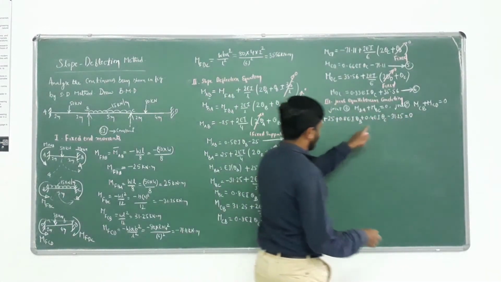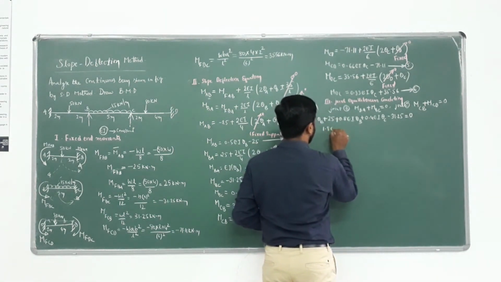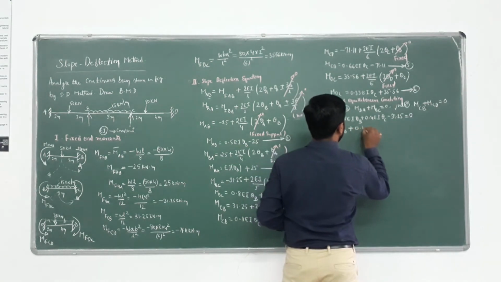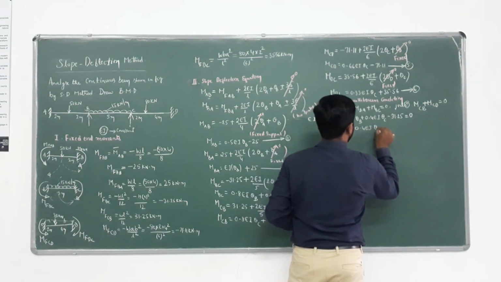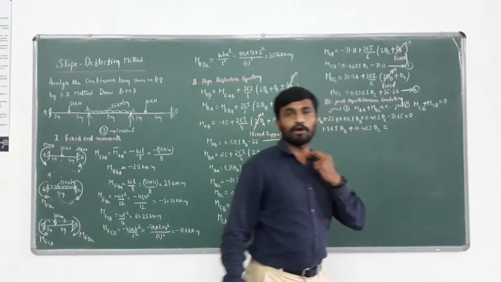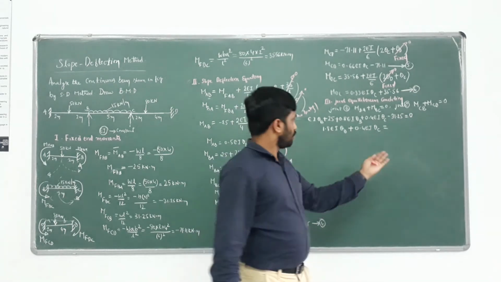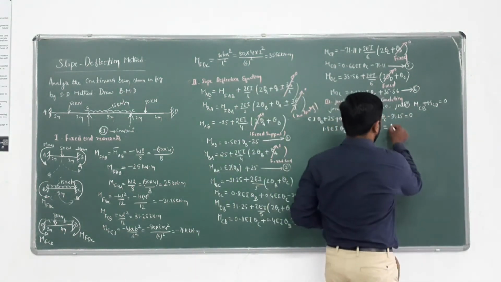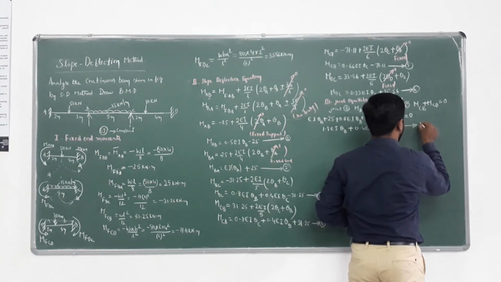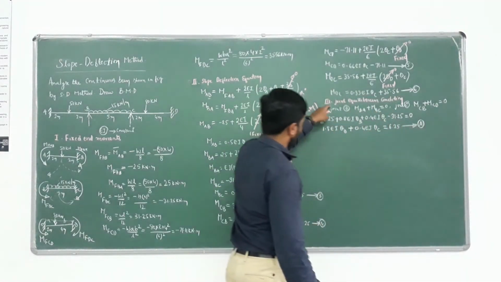Now you are getting theta B EI plus 1.8. It will become 1.8 EI theta B plus 0.4 EI theta C equals, what is the value of 25 minus 31.25? Minus 6.25. If you take this side, it will become plus 6.25. Say equation number 7, or you take equation capital A. This is joint B.